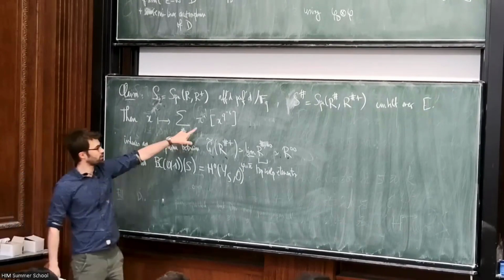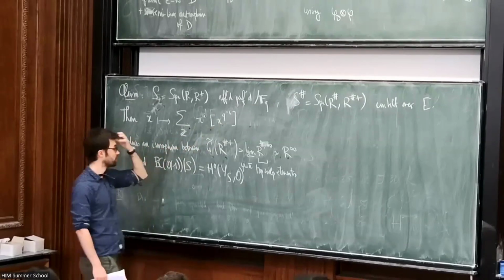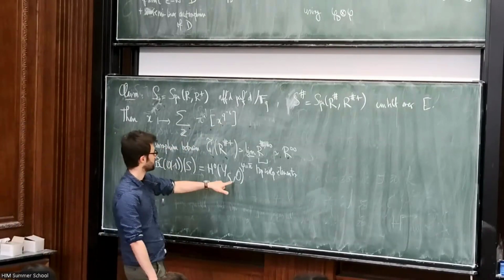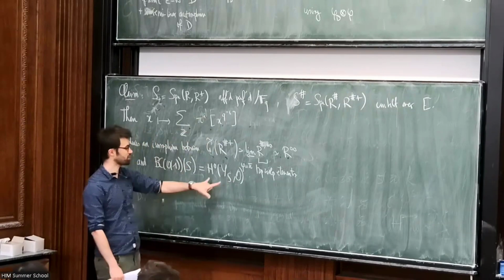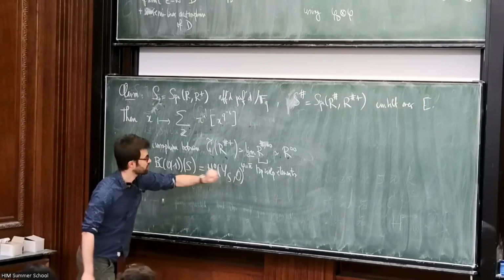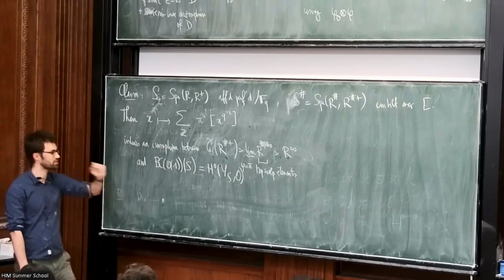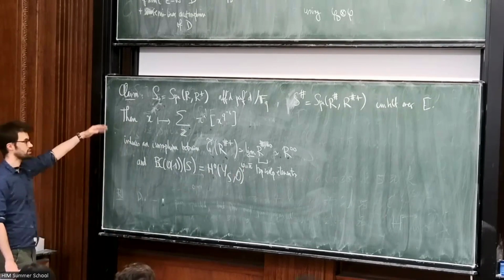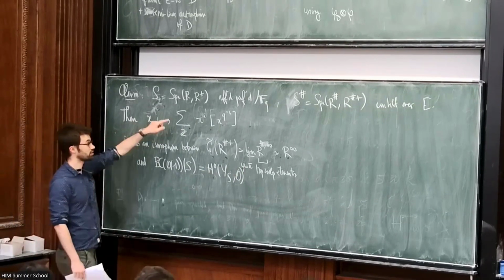Okay, so these elements belong to the Witt vectors of R plus, ramified Witt vectors, and so I can certainly see this element as a global section of the structure sheaf on Y_S, and then it's not hard to see that it satisfies this equation when Frobenius is acting. And the claim is that this actually defines a bijection.